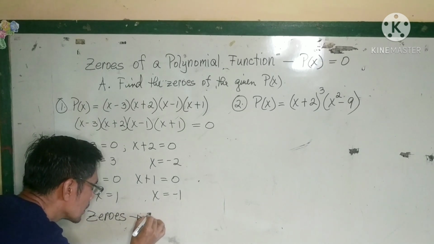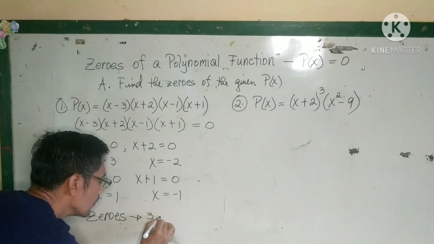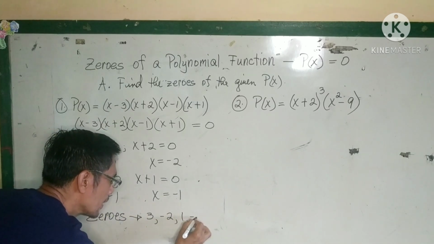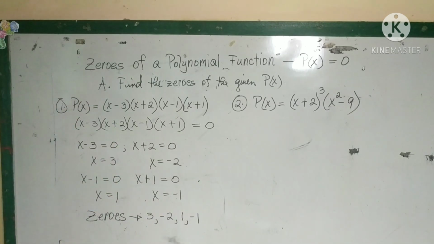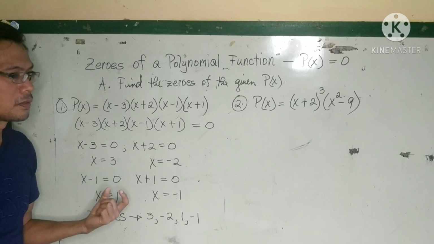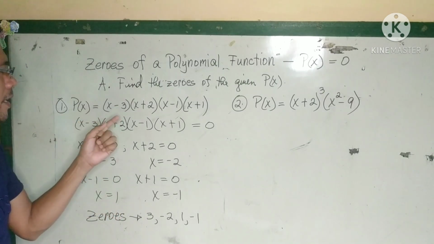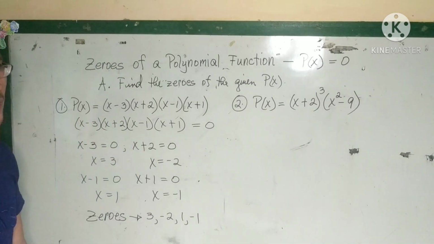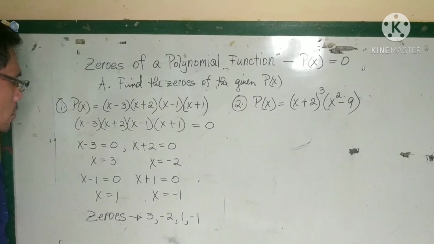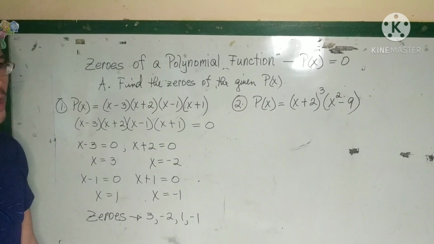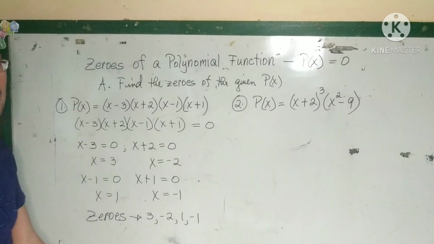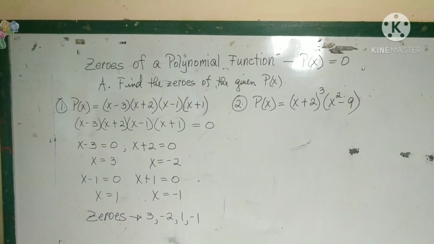So these are already the zeros of the given p of x. Take note that if the p of x is expressed in terms of its linear factors, then we can immediately solve for its zeros by simply equating the factors to 0, then solving for x. Okay?